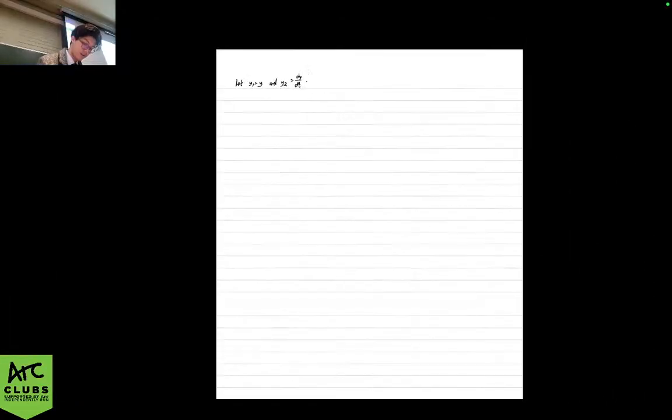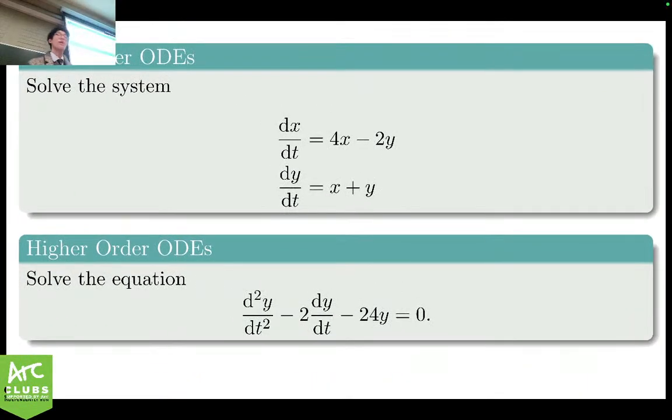And so what I'm going to do now, algebraically, is find a clever way to turn this system into a first order system. How will I do that? First, I'll let y1 equal y and y2 equal dy on dt. I'm just going to define two variables, y1 and y2, where y1 is y and y2 is dy on dt here.